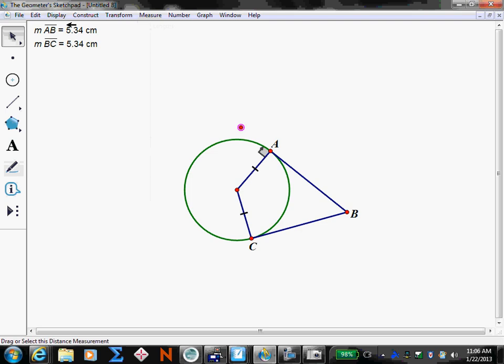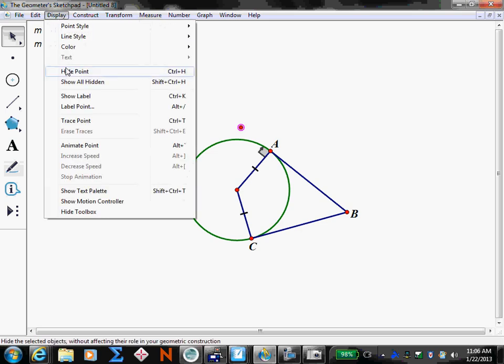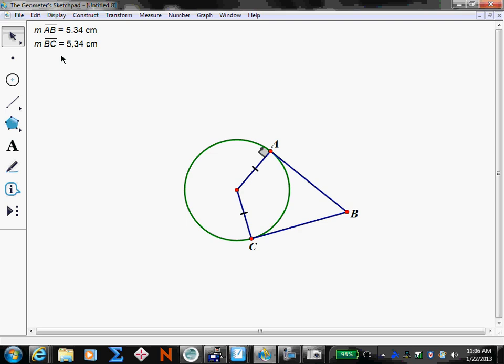I'm going to hide this point. So we have constructed a kite. So by making a circle with two tangent segments, we've made a kite. So remember what we know about a kite, that the non-vertex angles, which in this case are angle A and angle C, are congruent, and we know that they are congruent because they're both 90 degrees.